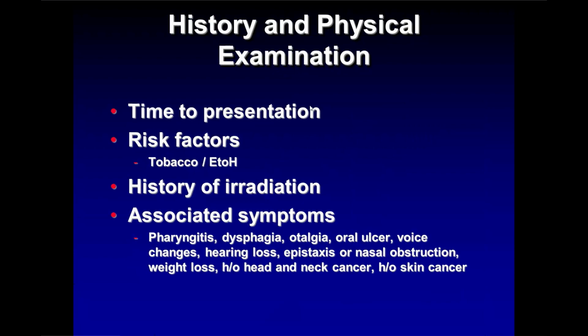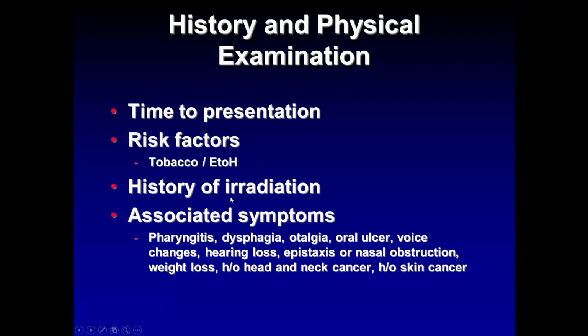Shorter time intervals and associated symptoms that may be reflective of an upper respiratory infection, you can treat these as lymph nodes that require antibiotics, but in general, as I'll allude to later on in our algorithm, you really want to tease out what the time to presentation is and have a high index of suspicion for a malignancy.